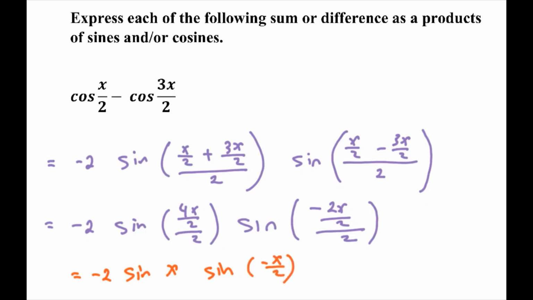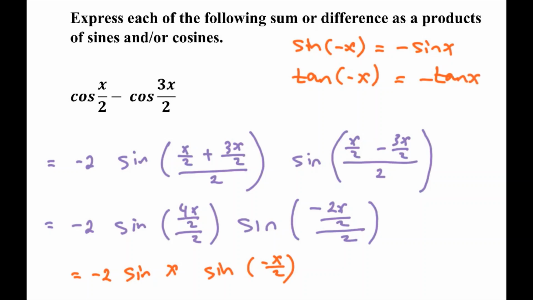Now here we need to remember that sine function is an odd function, in which sine negative x equals negative sine x. Tangent also is an odd function. However, when it comes to cosine, cosine negative x equals cosine x, it's an even function.